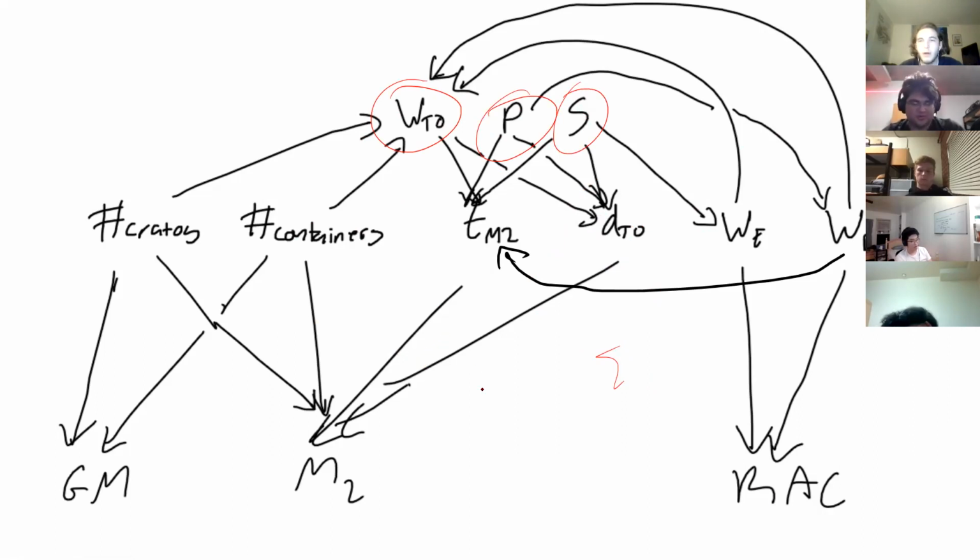The reason these are critical is that they affect the time for mission 2 and the takeoff distance.